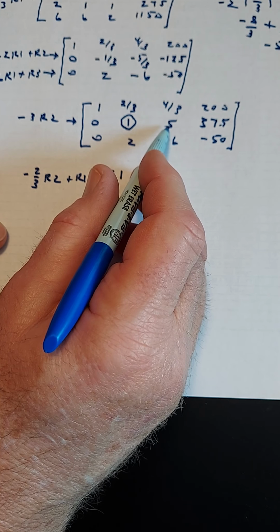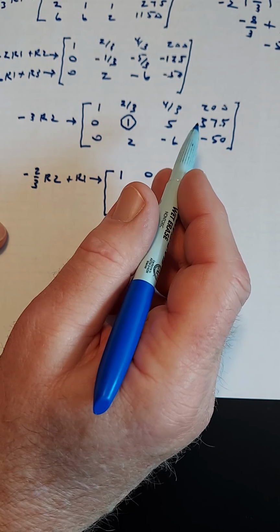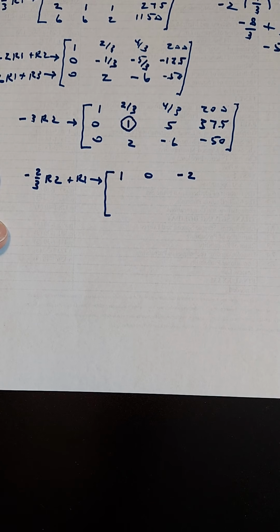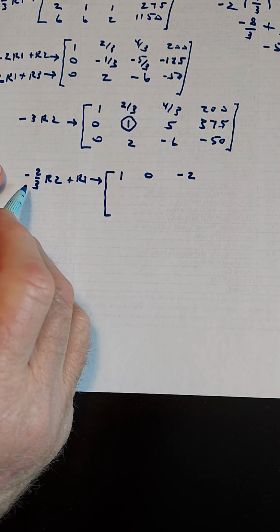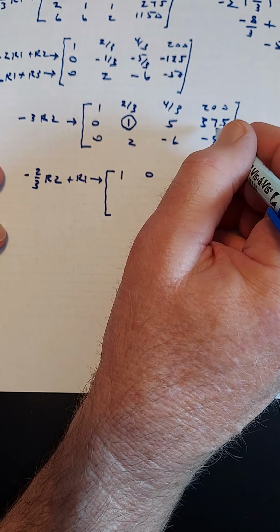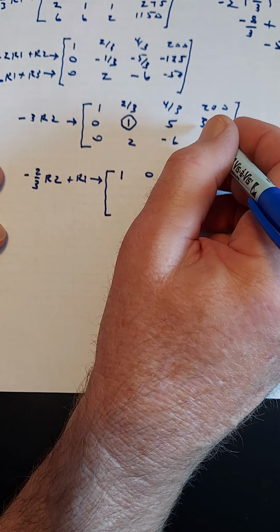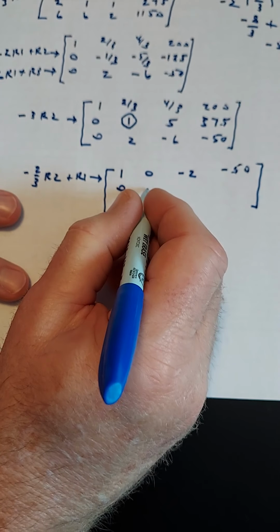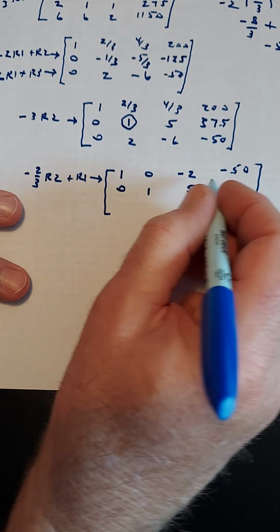Negative 10/3 plus 4/3 is negative 6/3. This ends up being negative 2. Okay, and then negative 2/3 times 375 is negative 250. Negative 250 and positive 200 is negative 50. Second row stays the same because that's where the 1 was.